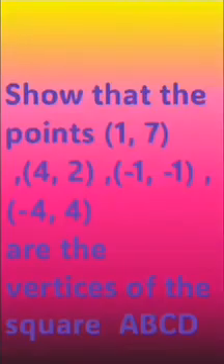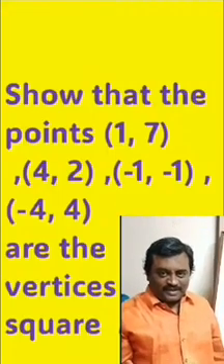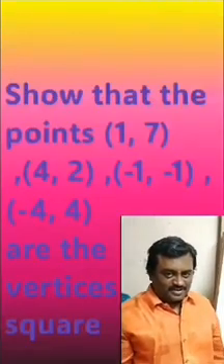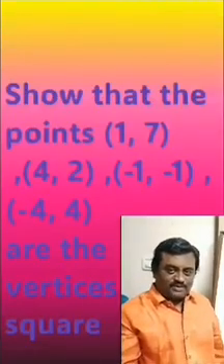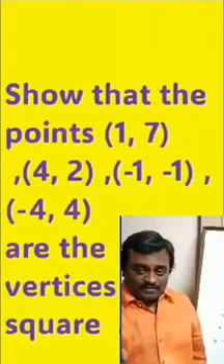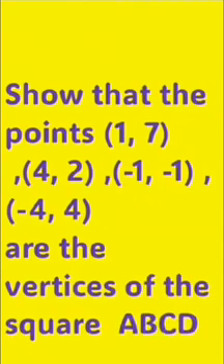Okay, students? For example, very important question. Show that the points (1, 7), (4, 2), (-1, -1) and (-4, 4) are the vertices of the square ABCD.